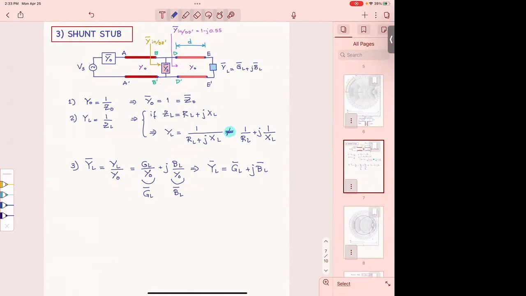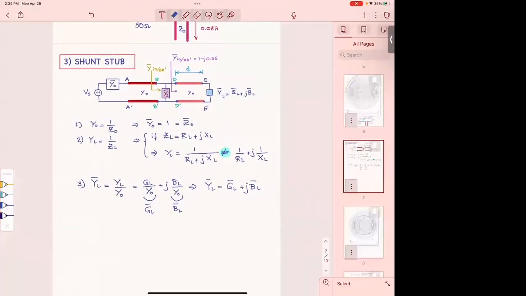So my advice is either you use the whole circuit in the Y form, in the admittance form, but don't try to go arbitrarily, Z here, Y here, and then Z there, and then use Z to normalize Y, all right? Remember that. You cannot normalize an admittance with an impedance because admittance has 1 over ohm, impedance has ohm. You cannot divide admittances with impedance. You have to be careful, all right?